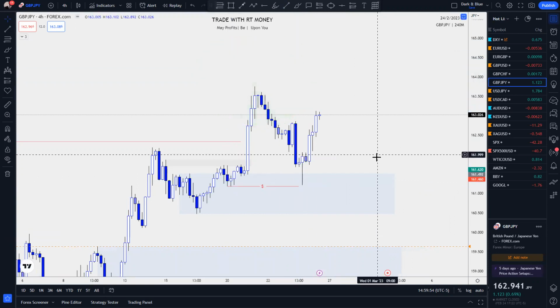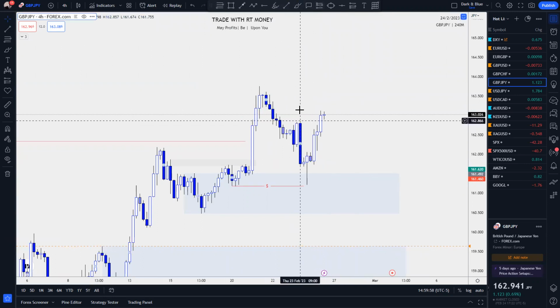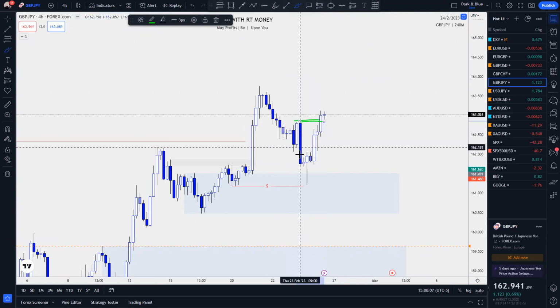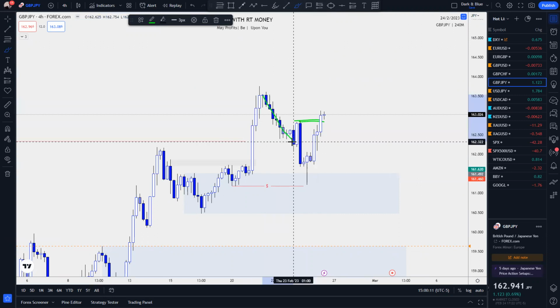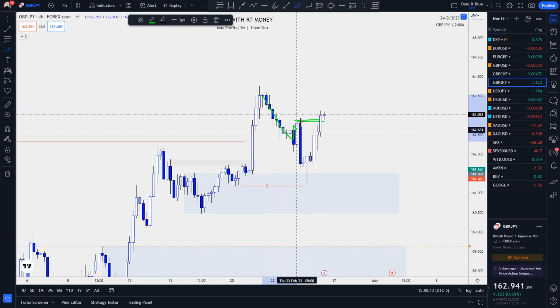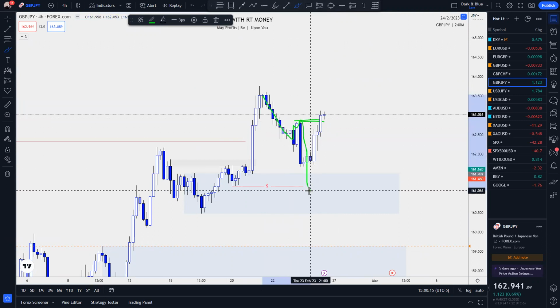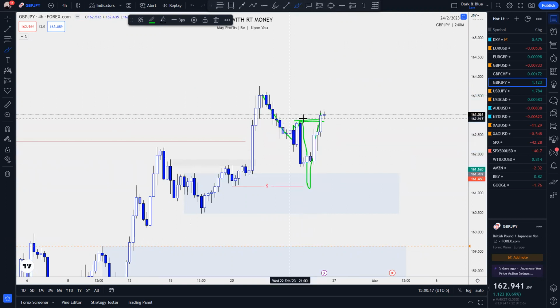I like the fact that we broke this high here. This is a good change of character. Price down, pulled back, made a low, broke the high.